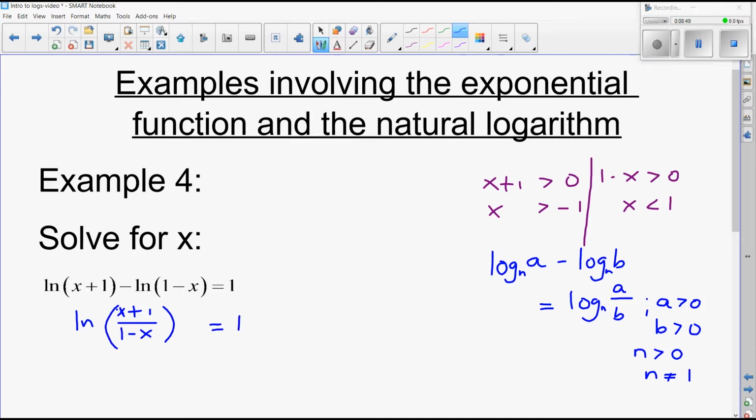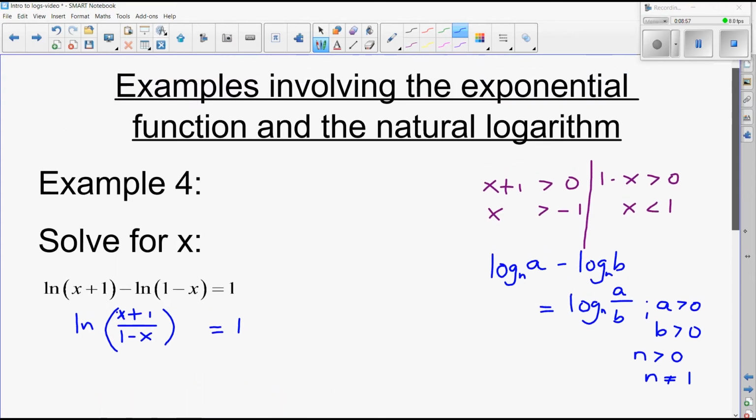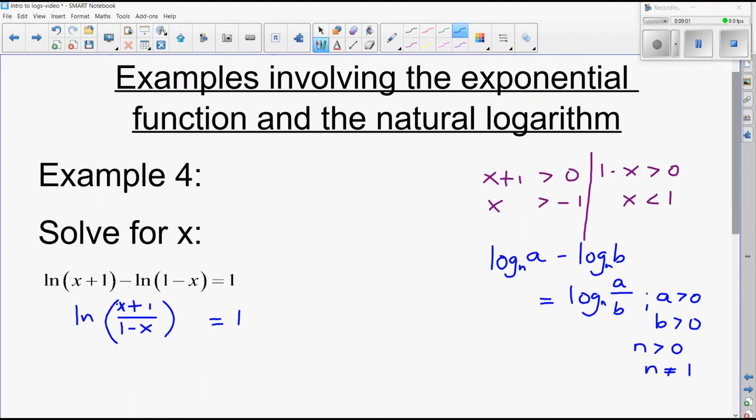My next step is going to be to change it from log form to exponential form, reminding myself that ln is log to the base e. So I have x plus 1 over 1 minus x equals e to the exponent 1, which is e.